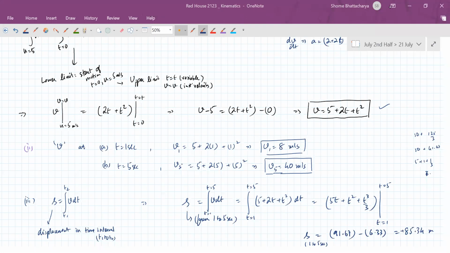So this is the very important aspect over here. Application of calculus.